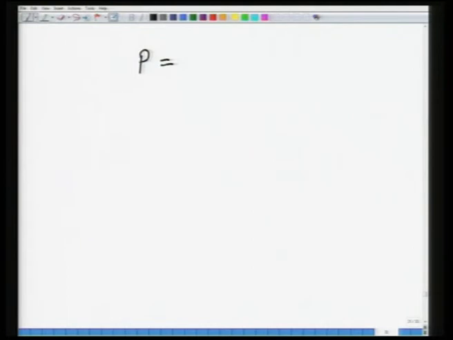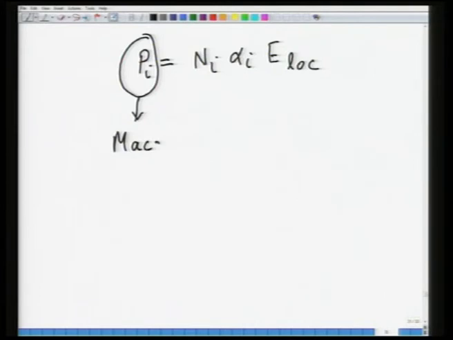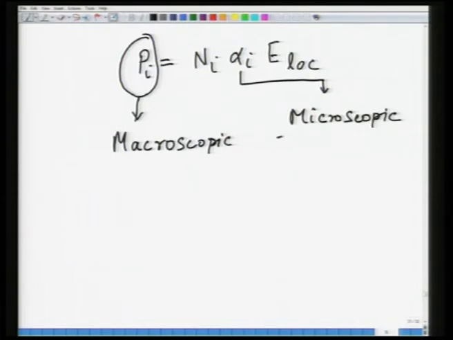Now we can express P as N i alpha i E local from the previous expression. What this equation does is relate a macroscopic quantity, which is P, simply because we can measure it, with alpha i, a quantity which is microscopic, which pertains to atoms or ions.